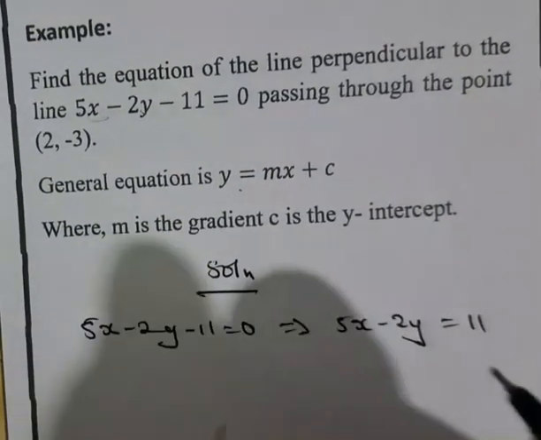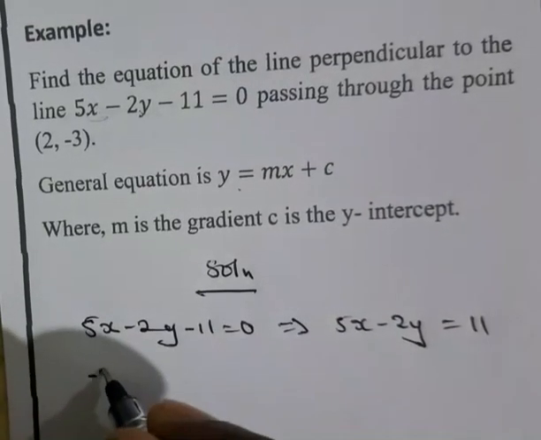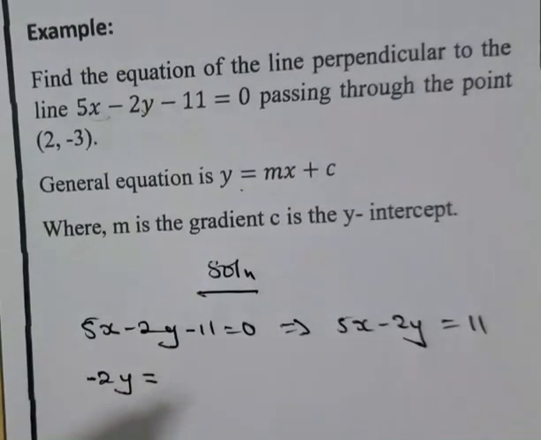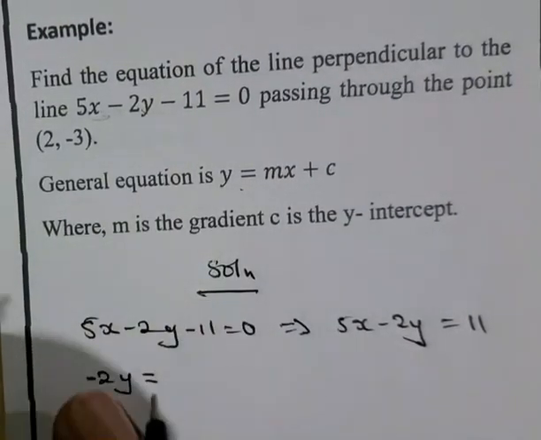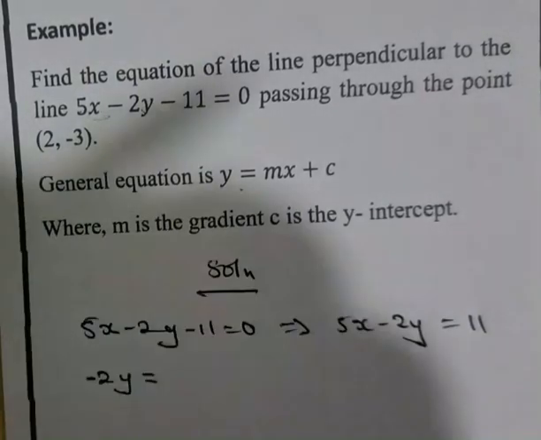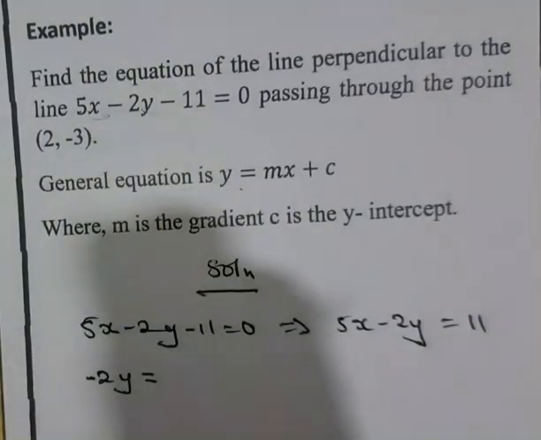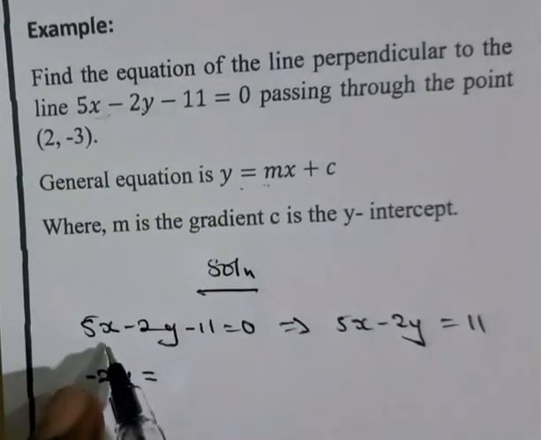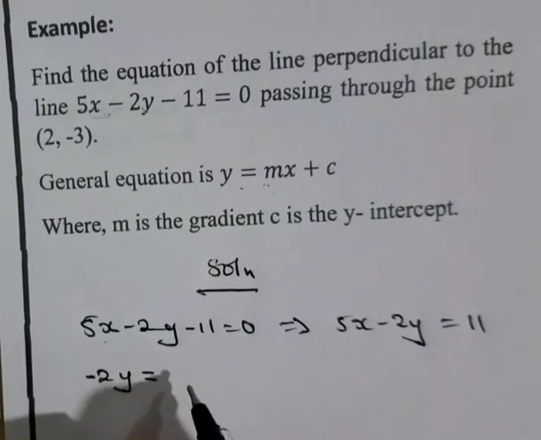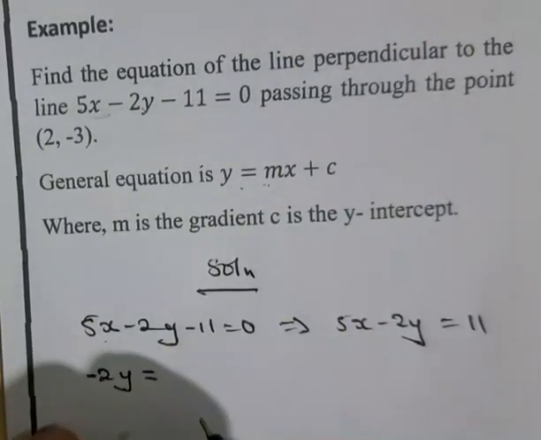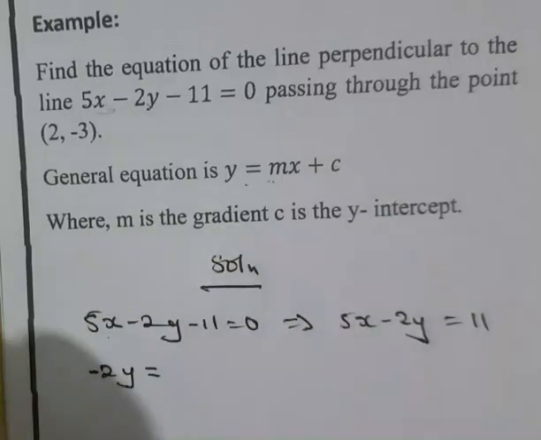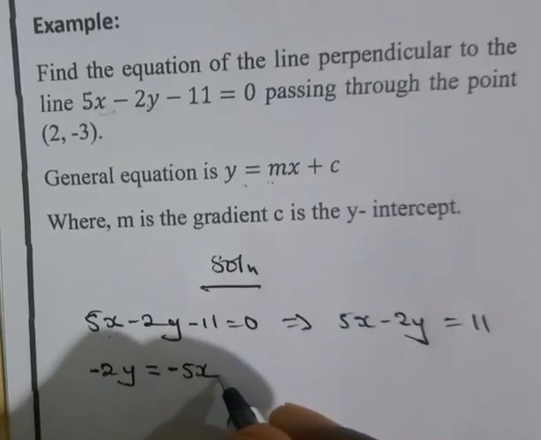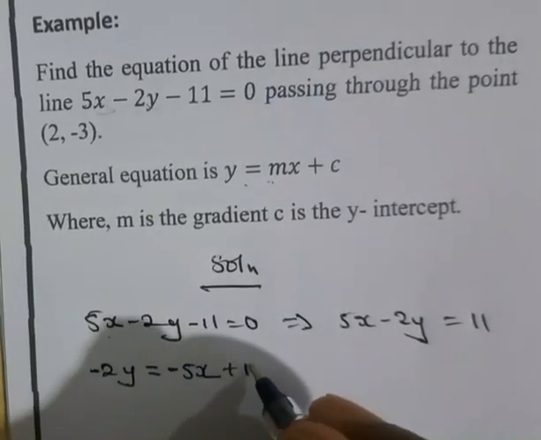So we start: negative 2y is equal to, and as I've taught in many of my videos, the number that crosses the equal sign should be in front. So for the sake of the gradient, where m is just after the equal sign, I put negative 5x here and then plus 11.